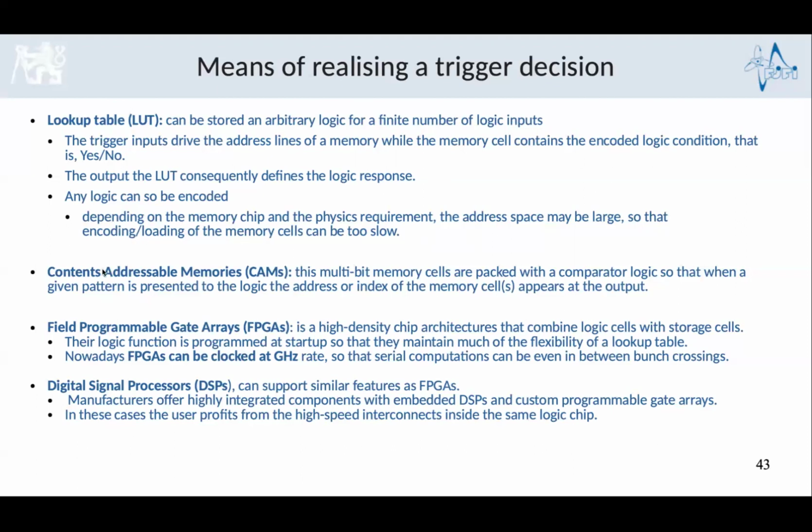Another way is to use something called content addressable memories, or CAMs, which is a special type of memory that is faster than a normal memory, for example a RAM memory or something like that.